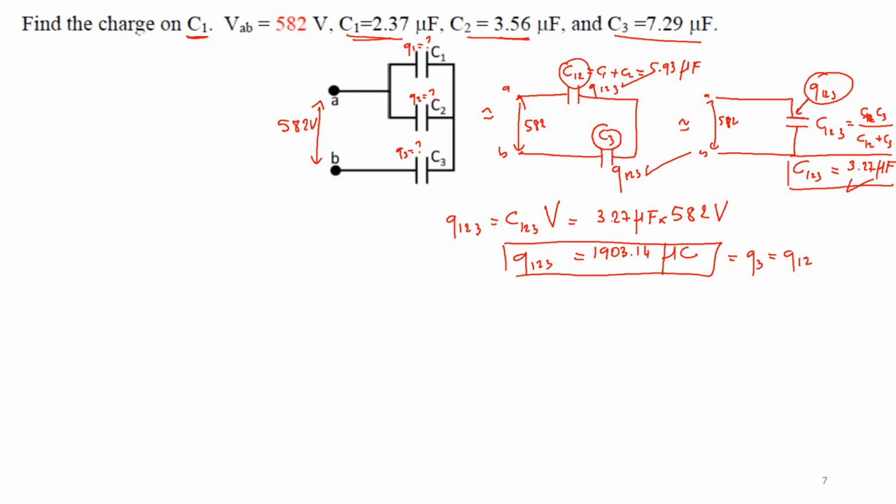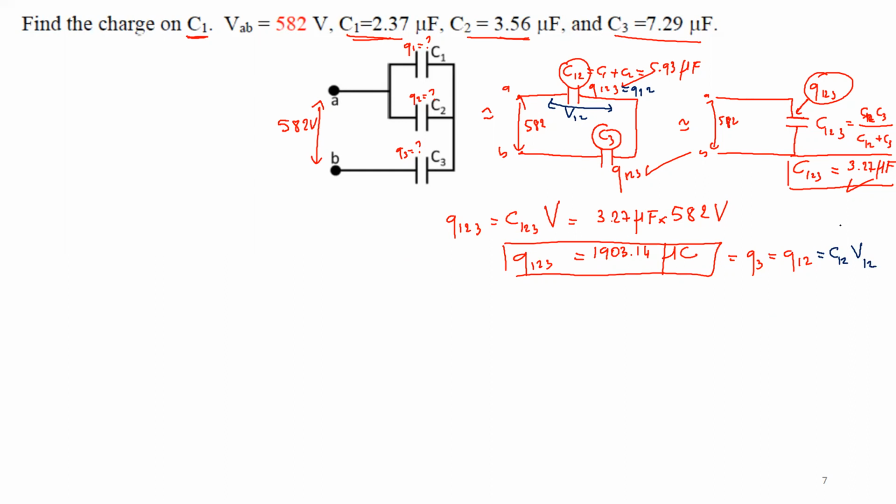Now, knowing Q12, that means I know the voltage V12. Q123 is Q12, so I can find V12, because Q12 is just C12 multiplied by V12.